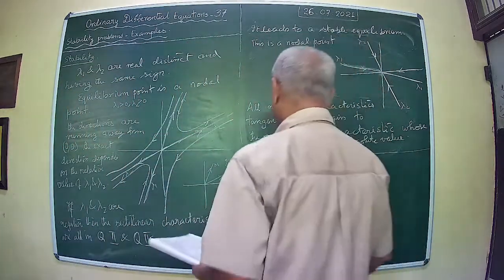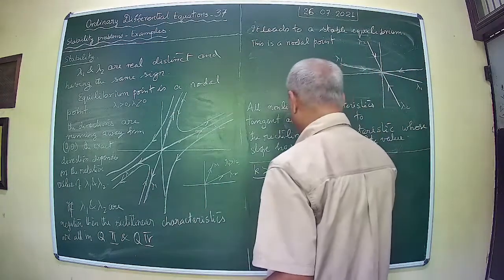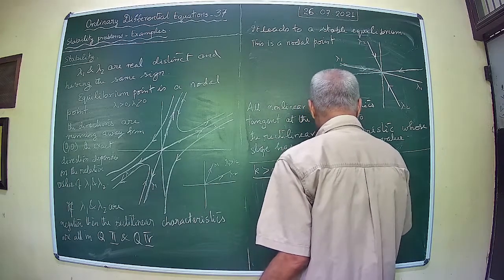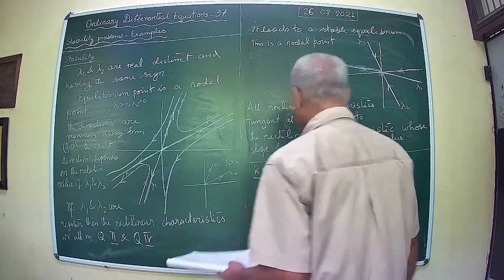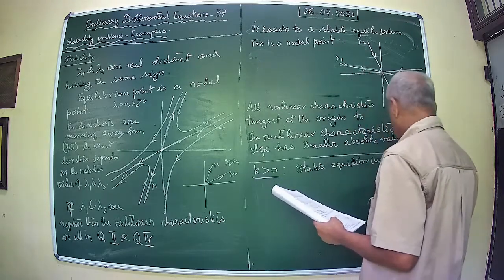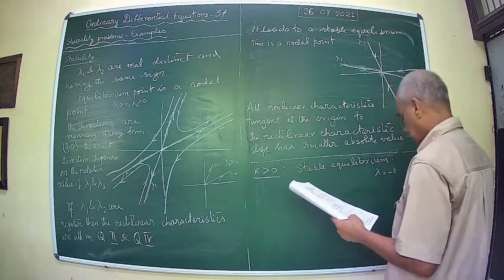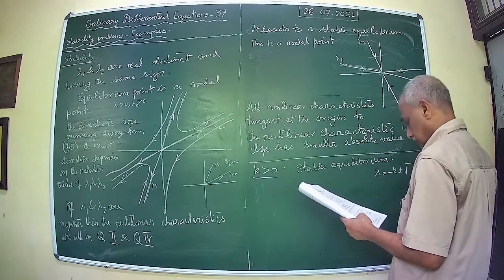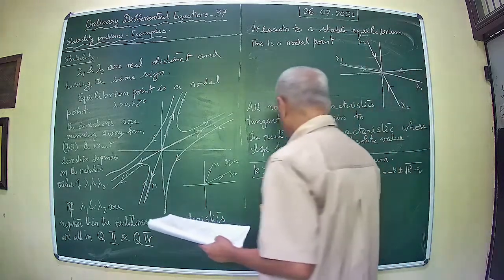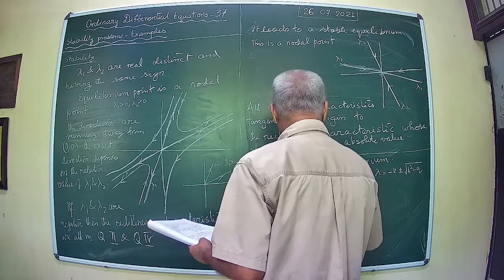So we take the case K is positive. If K is positive, then as I said, what you have is the root equal to minus K plus or minus root of K square minus Q. Then both lambda 1 and lambda 2 are negative.